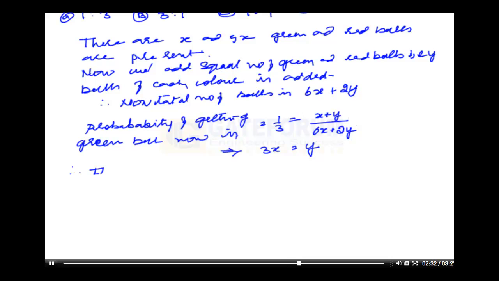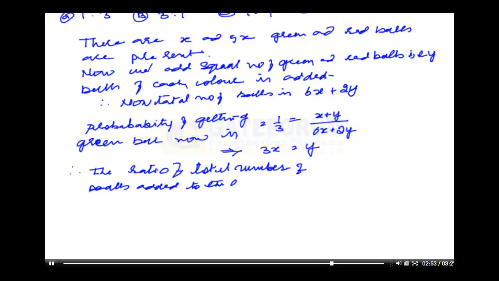Therefore, the ratio of the total number of balls added to the original is 2y by 6x. 2y were added later and 6x is what we originally had.